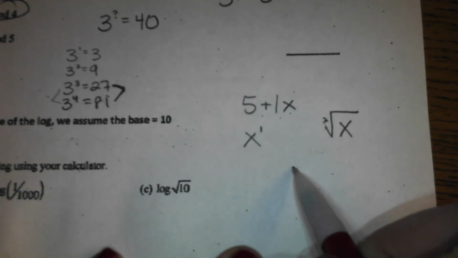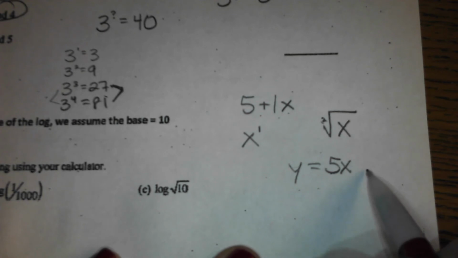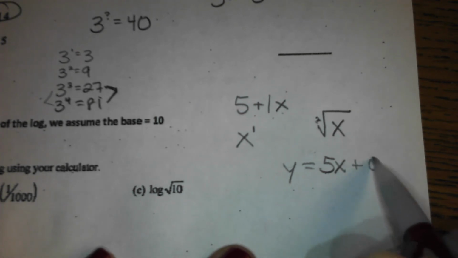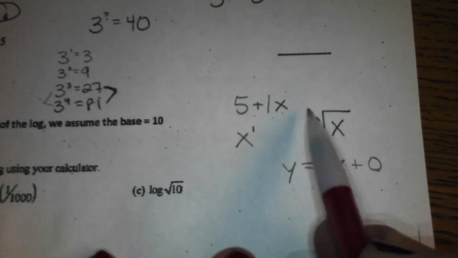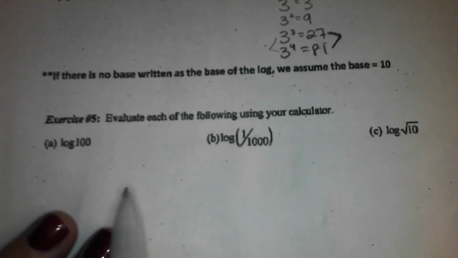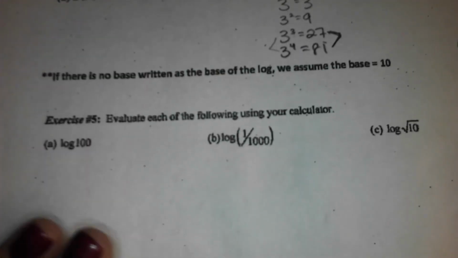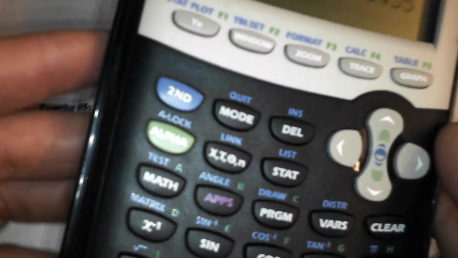If you have an equation of a line that's y equals 5x, what do you assume the b is? 0, right? So sometimes we assume 0, sometimes we assume 1, sometimes we assume 2. Well, here, if there's no base, you assume 10. And there is a log button on your calculator.